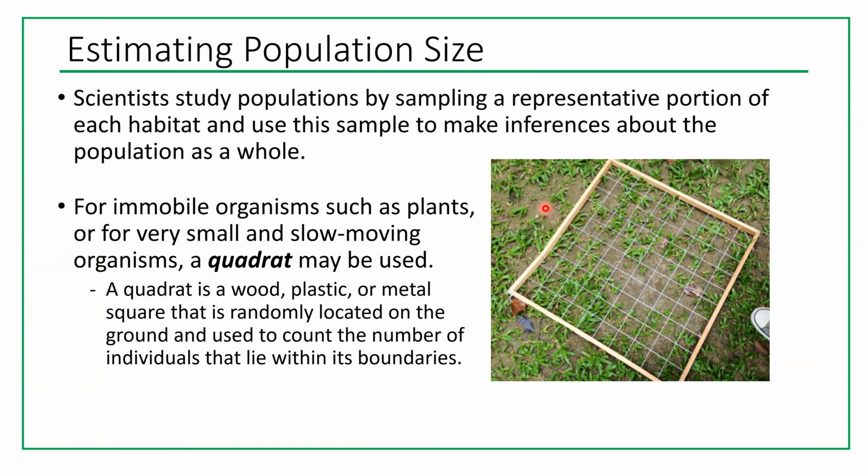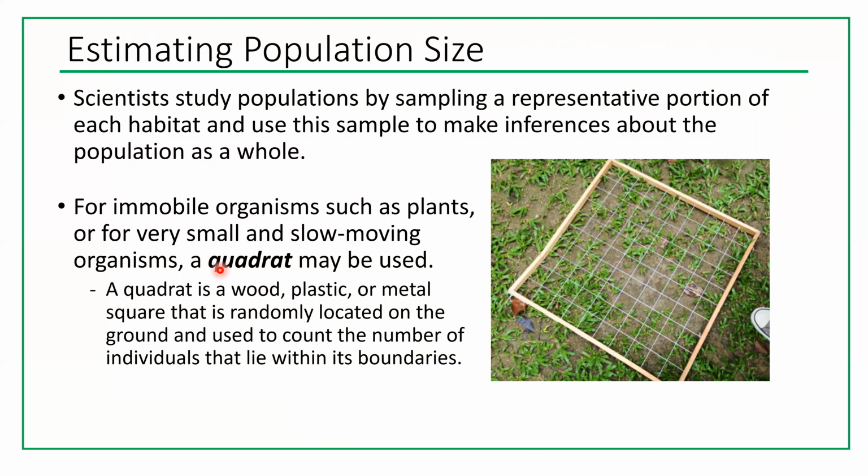Or over here, if you see this grassy stuff in this picture, we cannot just go ahead and count every single one. So we need to use some method that allows us not to count every individual organism, but to estimate their numbers, right?